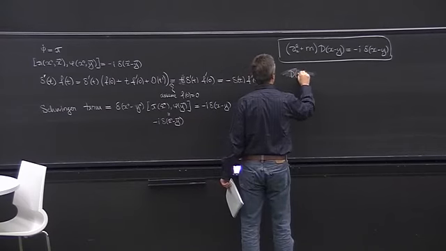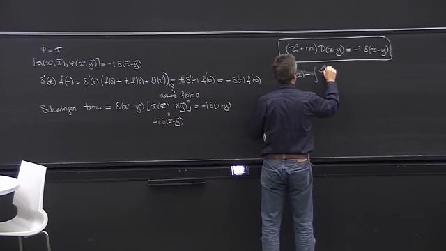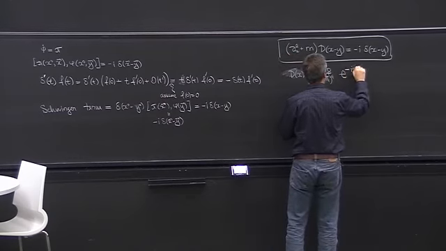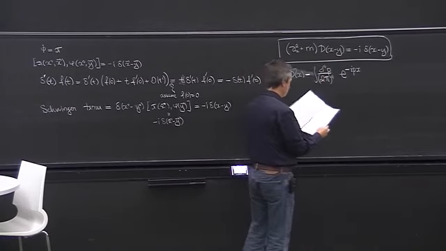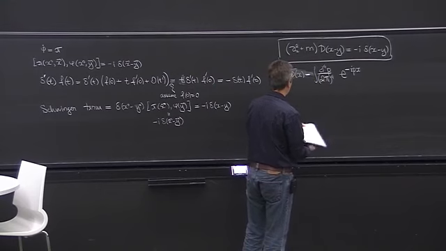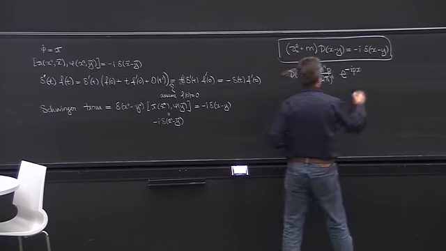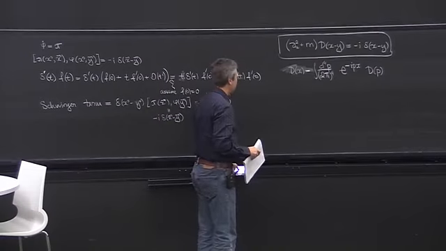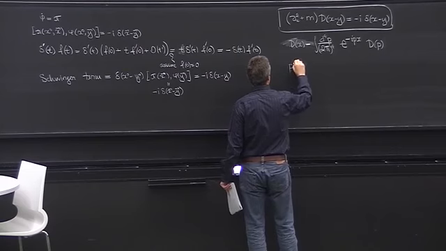So we can substitute D of x as an integral d^4p divided by (2 pi)^4, e to the minus I p x, and then some Fourier image of the propagator. So what we get is an algebraic equation.